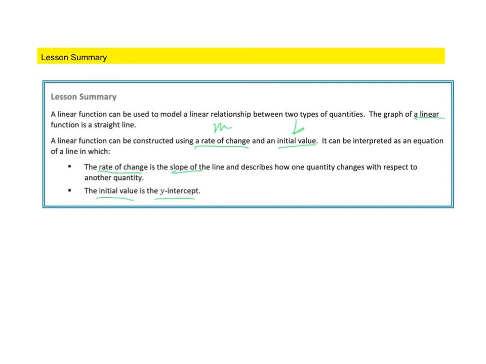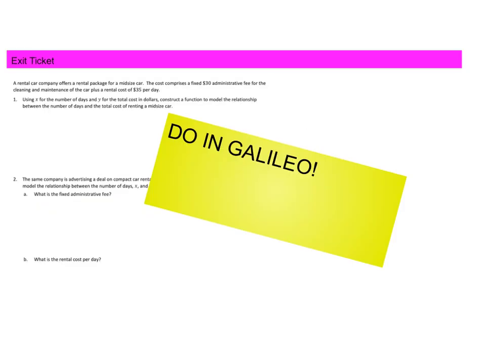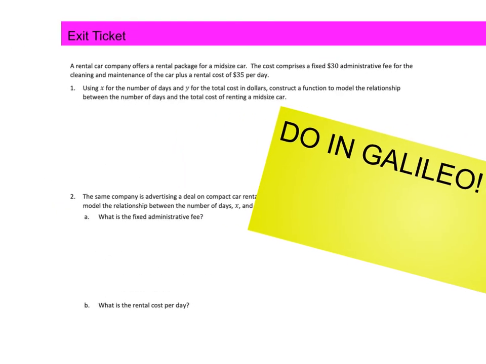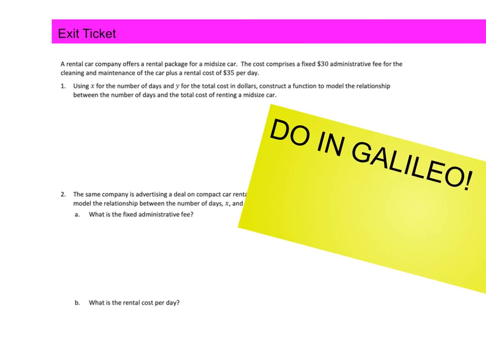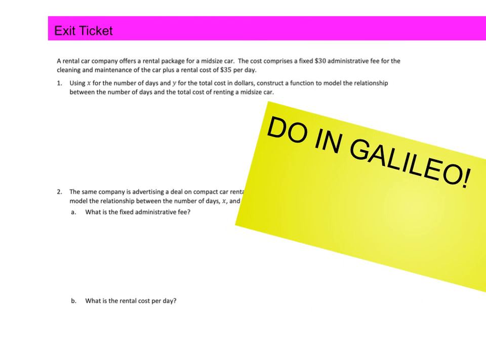We're now going to go over our exit ticket. All right, you will be doing this in Galileo, and it'll look a little bit different in terms of how the questions are shown to you. But here's our situation. It says a rental car company offers a rental package for a mid-sized car.